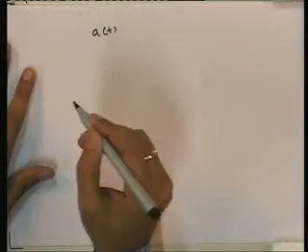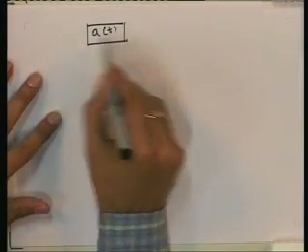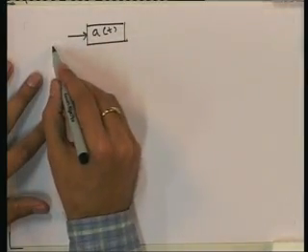So, now let us take an arbitrary filter as a receive filter with impulse response A(T). So, we have this r(t).